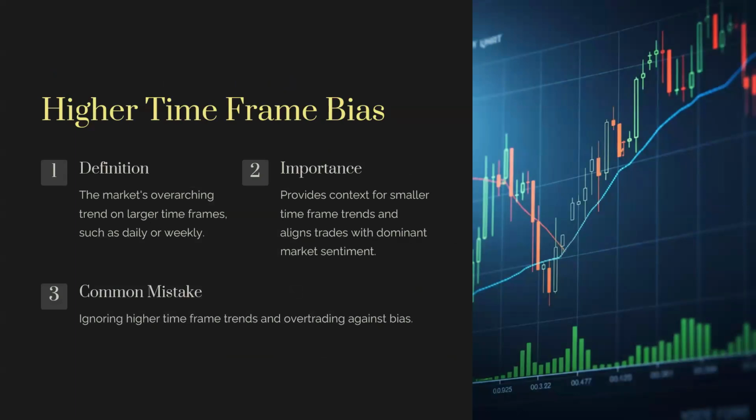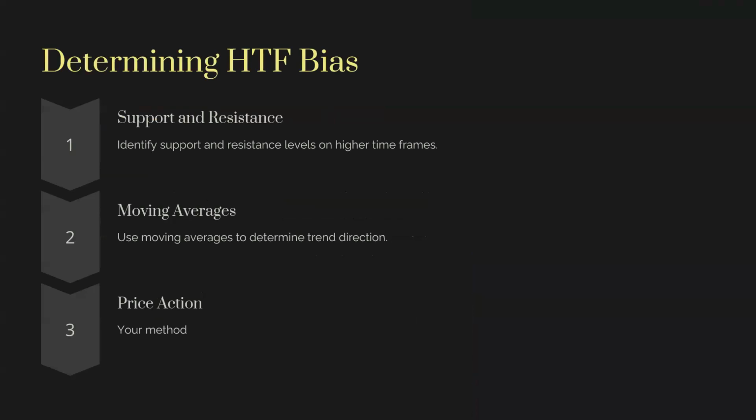But if 15 minute is against you and you are taking trades based on 3 and 5 minutes, it is likely to hit many stop losses because the price action will be sideways on 3 and 5 minutes. It is less likely to be a trending move. So the higher time frame will provide us context for smaller time frame trends, and we should avoid common mistakes.